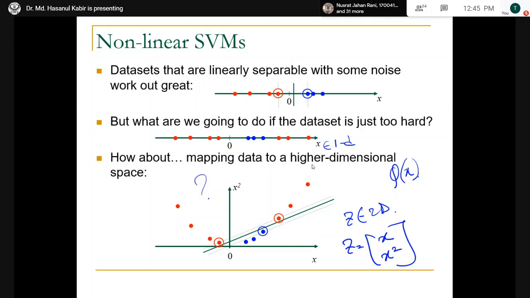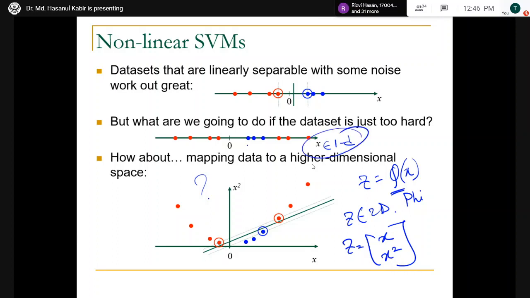No. Why no? I don't know, sir. So it's the same? Basically, we have defined the transformation using this function phi. This phi function will transform the data from the previously one-dimensional space of x.